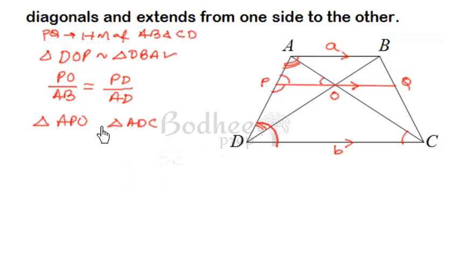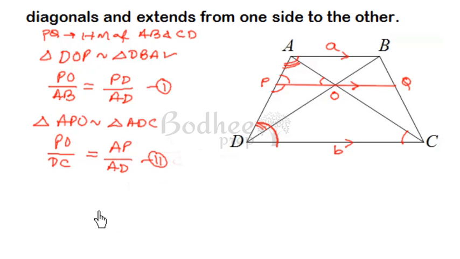So these two triangles are also similar, and here again I can say that PO upon DC will be equal to AP upon AD, right?